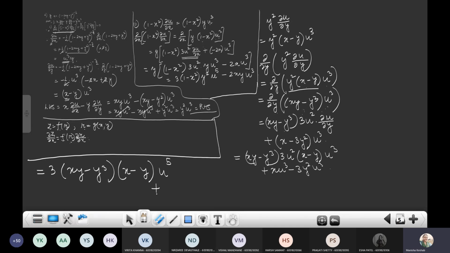And next one is plus (x cube minus 3y squared). So that is your this part.